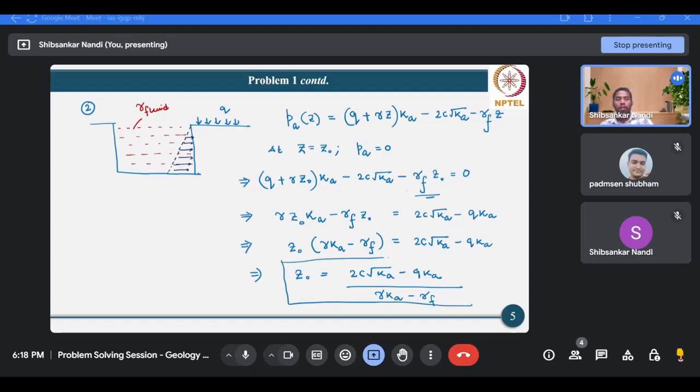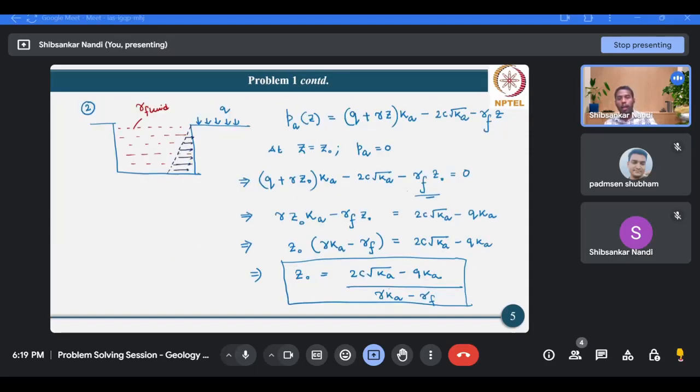As you can see, due to the fluid, there is a change in the denominator. It's basically decreasing by the unit weight of the fluid. So obviously the tension crack depth will be increasing, and as a whole the maximum height of unsupported excavation will increase. This is the beneficial effect of putting the fluid inside the trench.